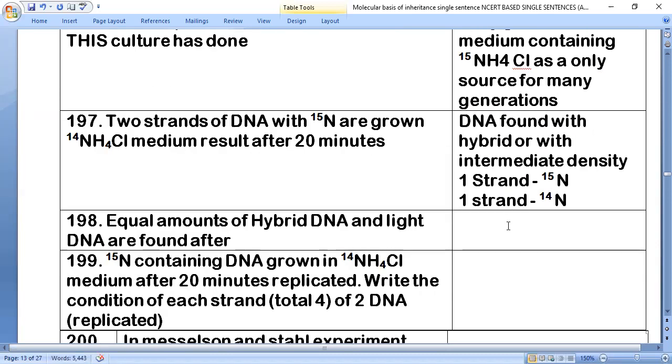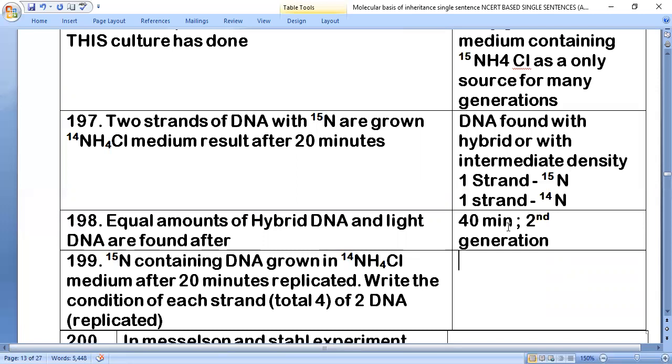Equal amounts of hybrid DNA and light DNA are found after 40 minutes, the second generation. N15 containing DNA grown in N14 medium, after 20 minutes replicated. Write the condition of each strand.